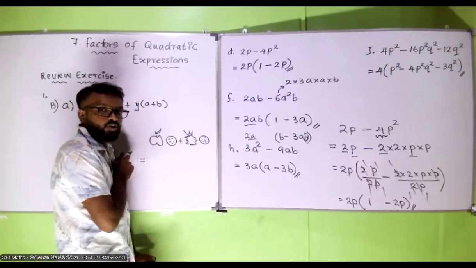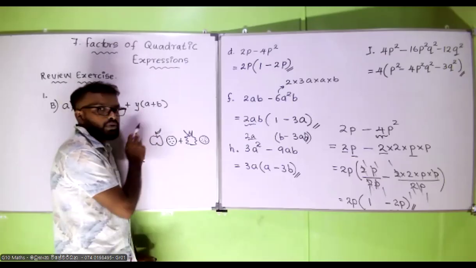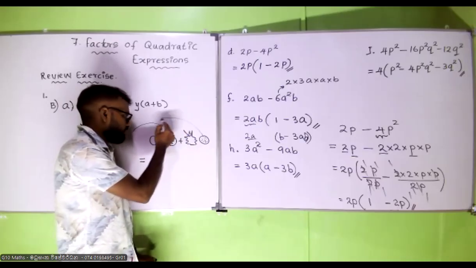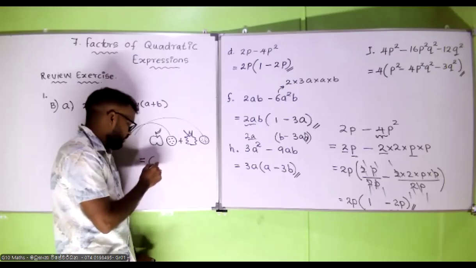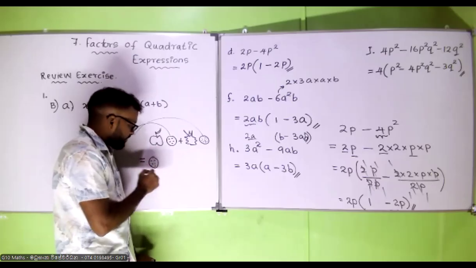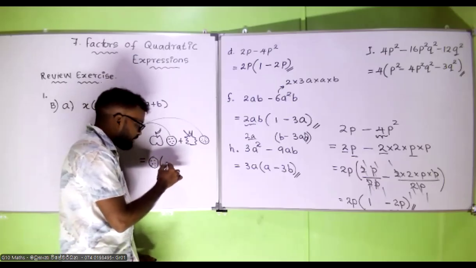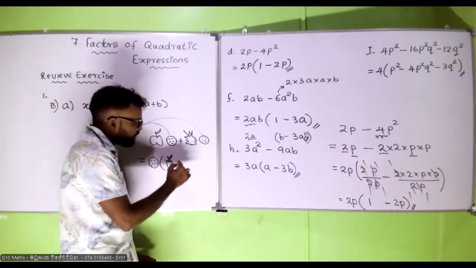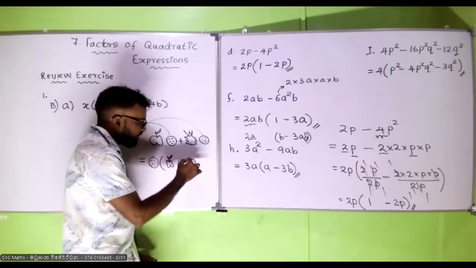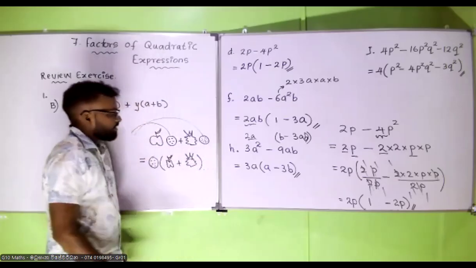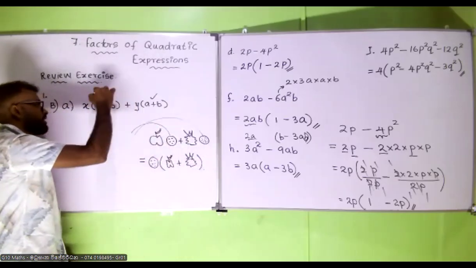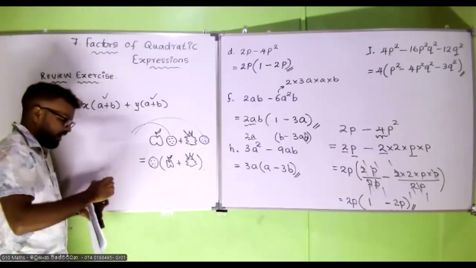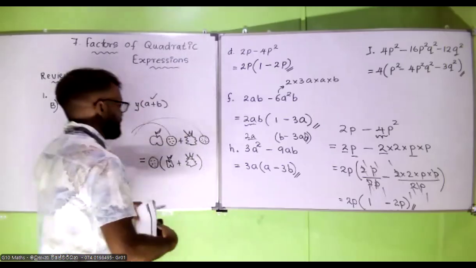Orange. Orange is the common fruit. It is something like a plus b. So take this orange out. I am taking that out. So inside the brackets, apple plus pineapple. So this is something like orange times (apple plus pineapple). So I think you got the concept, right?